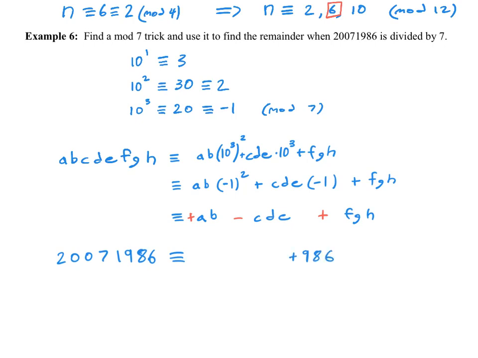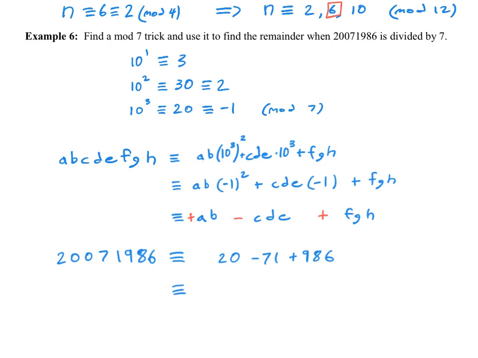I want to add that first group. And then my next group is 0, 7, 1, or just 71. So I'd like to subtract that group. And then the final group is 2, 0, so I'm going to add 20. So my quick reduction in mod 7 is made, and now I just need to reduce this number.